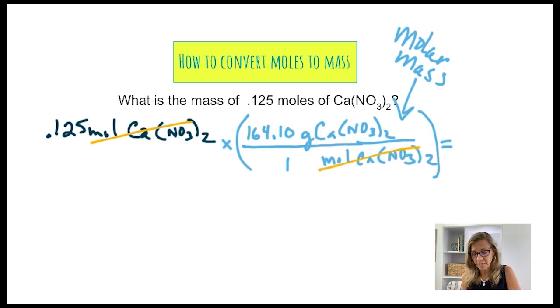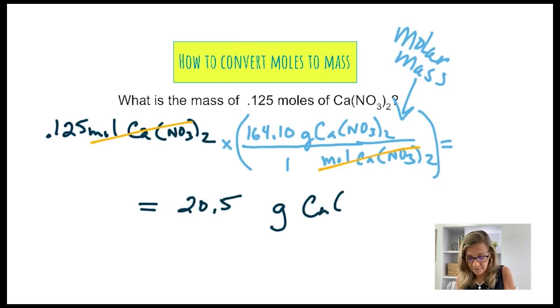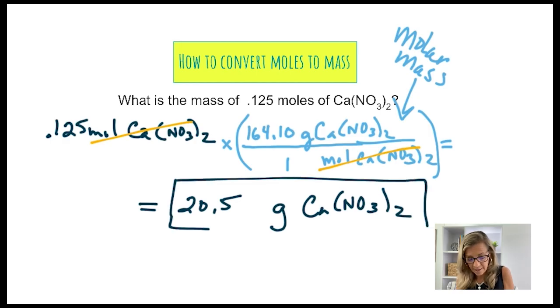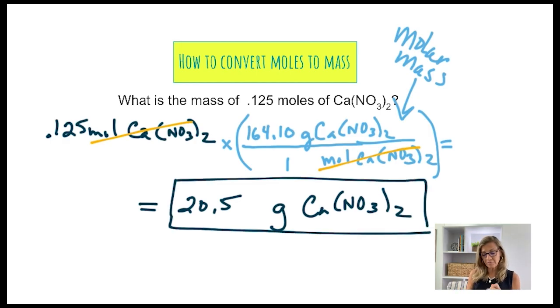Moles cancel, and we're going to end up with, let's see, 20.5 grams of calcium nitrate. All right, so if you go to the lab and you weigh out 20.5 grams of calcium nitrate, you know exactly how many particles you have. You have 0.125 moles.